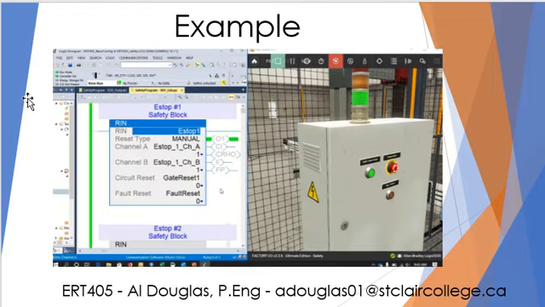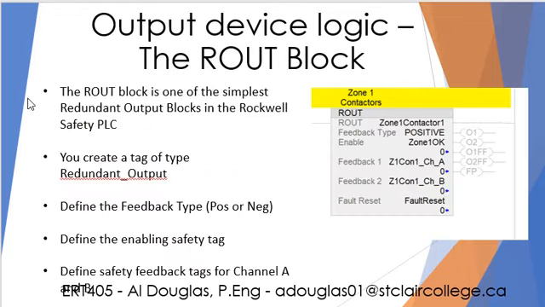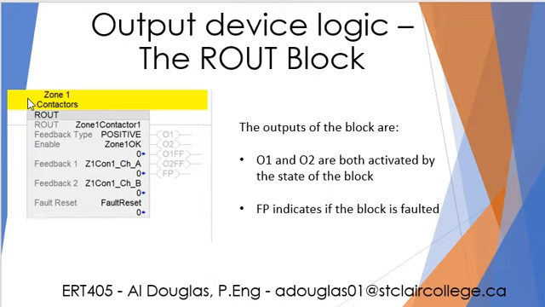So we demonstrated how we can run that. We can also do a redundant output as well. The redundant output works very similar. We have a tag, we have a feedback type, which will be positive. We have an enabling tag, which is a safety tag that will actually turn this block on.